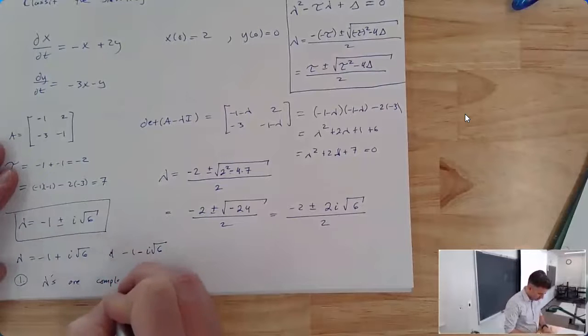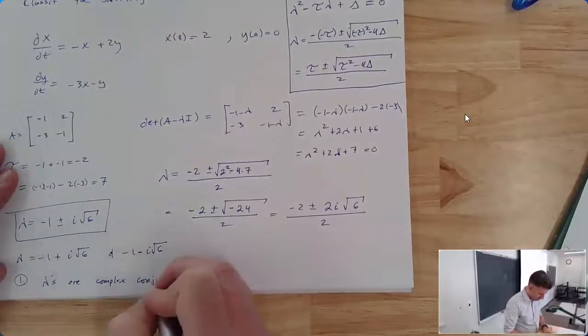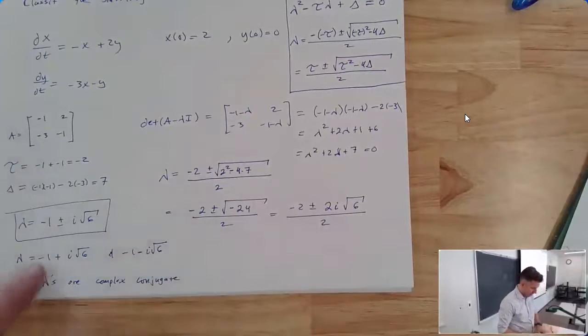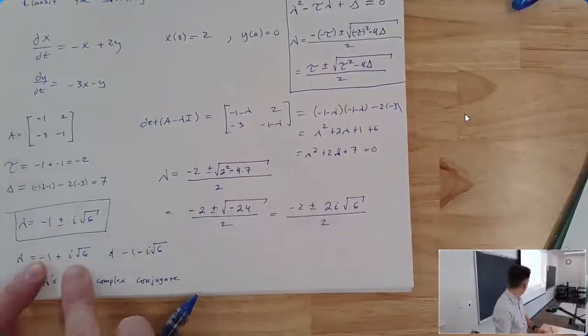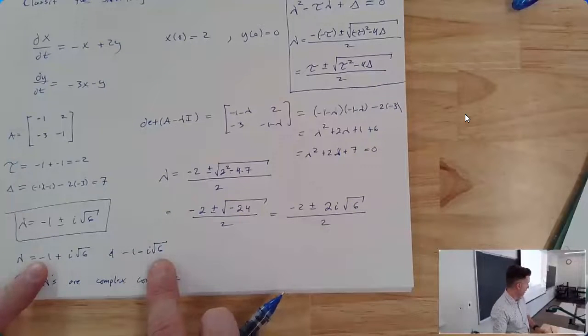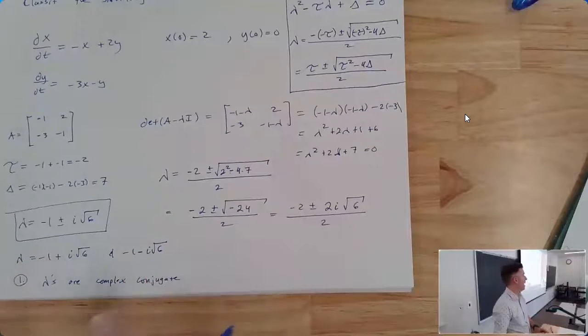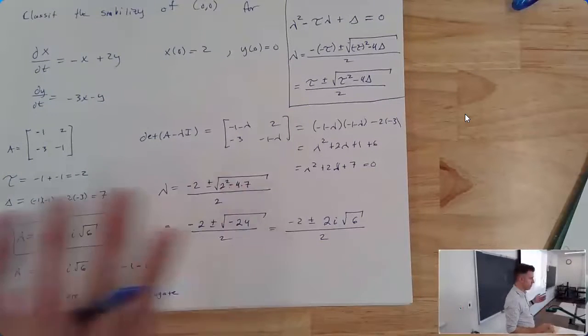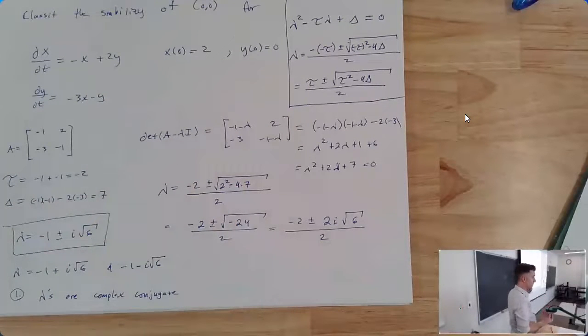All that means is that in one of the eigenvalues, you'll have the real part plus the imaginary part. And in the other eigenvalue, you'll have the same real part minus the same imaginary part. And even better, in these kinds of situations, and when you're finding roots of polynomials in general, if they're imaginary, they always come in complex conjugate pairs.